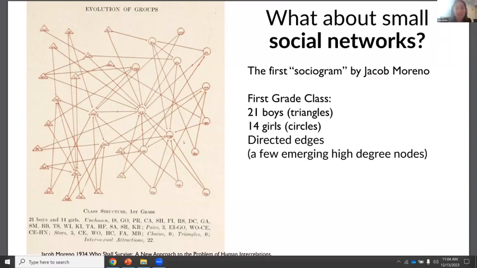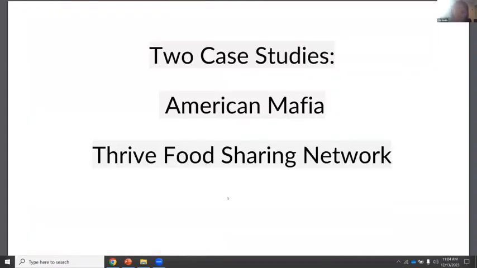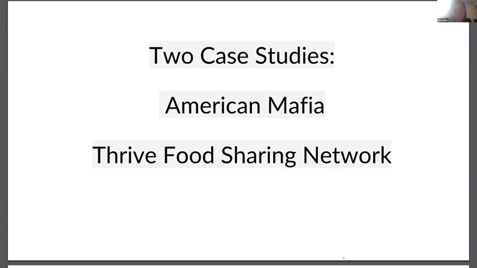I like to think of these as really exciting features for geography, and to see how we can put them on maps. So today I'll go over two case studies. One is about the American Mafia, and the other is about a food sharing network in Southwestern Virginia.